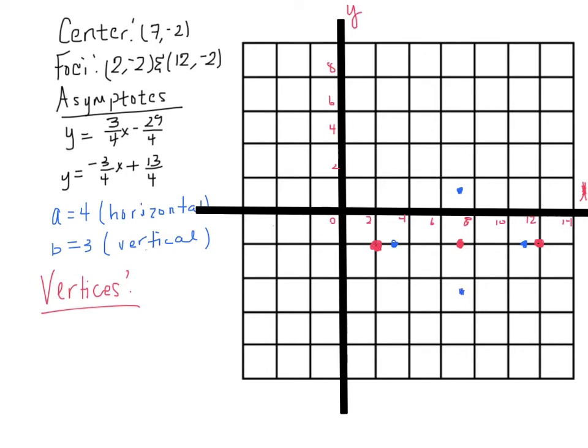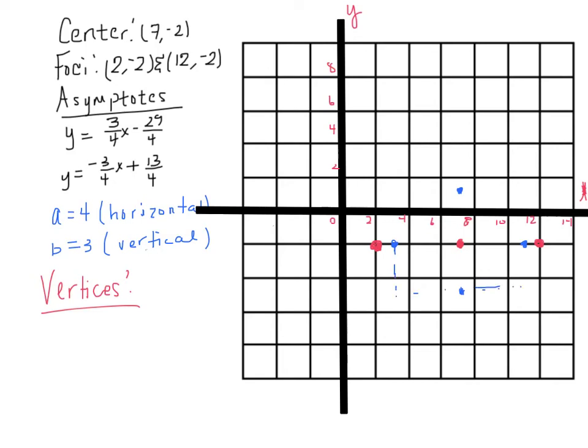Now, those points aren't as important. What is important is that we can draw a rectangle that has a width of a and a height of b, if you want to think of it that way. And so what that means is that I have this little imaginary box. It kind of looks like this.